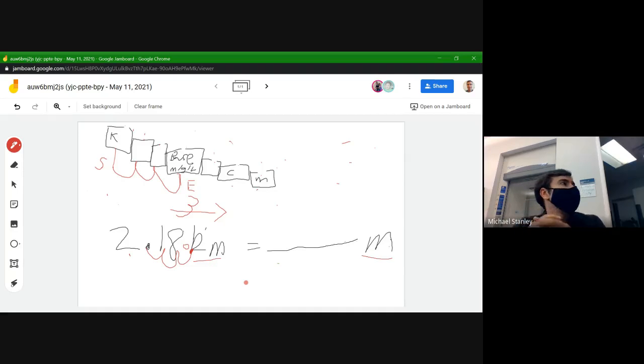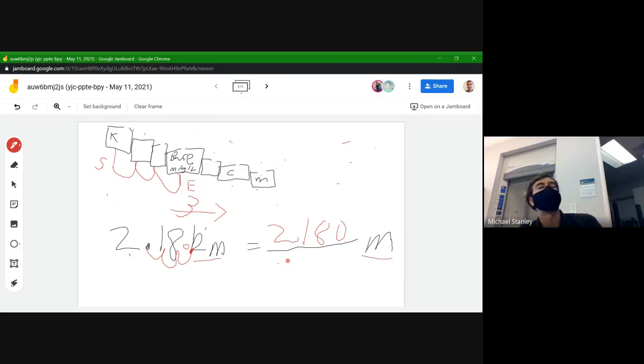So if I have 2.18 kilometers, then how many meters do I have? Would you have 2,180 meters? I would have exactly 2,180 meters.